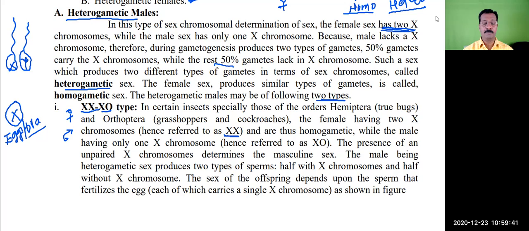But in male there is X and 0, so one gamete will carry X, one gamete will carry 0.